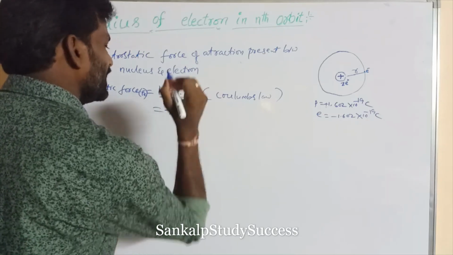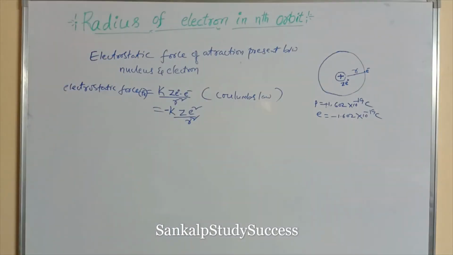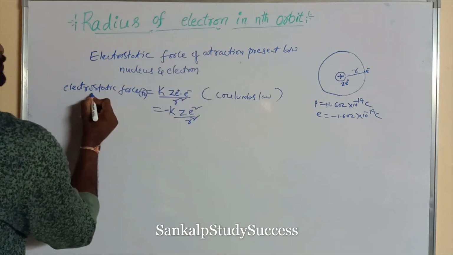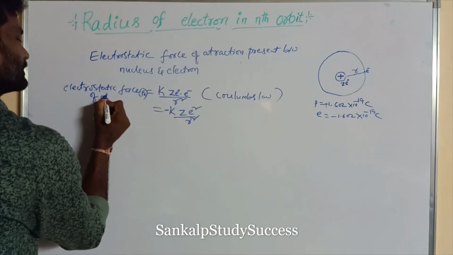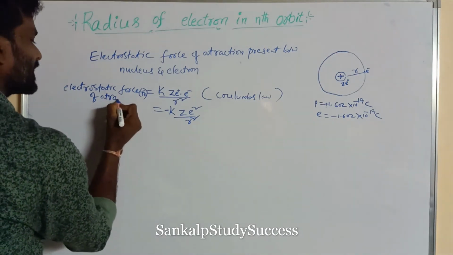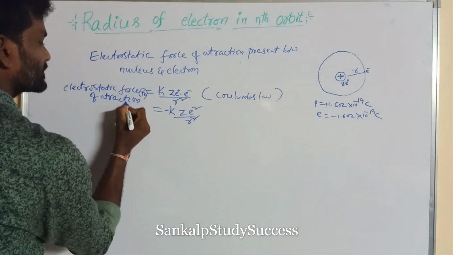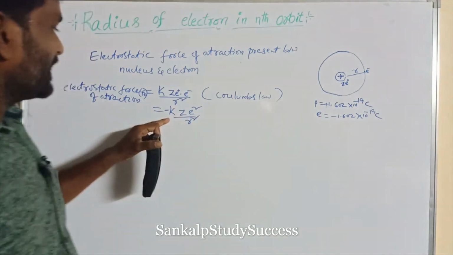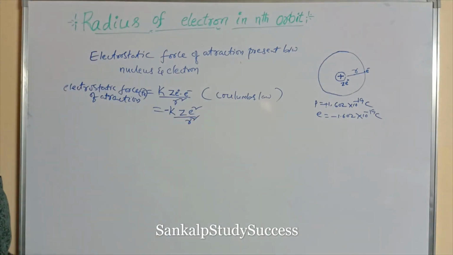So this is the electrostatic force of attraction, minus K Ze square by R square.